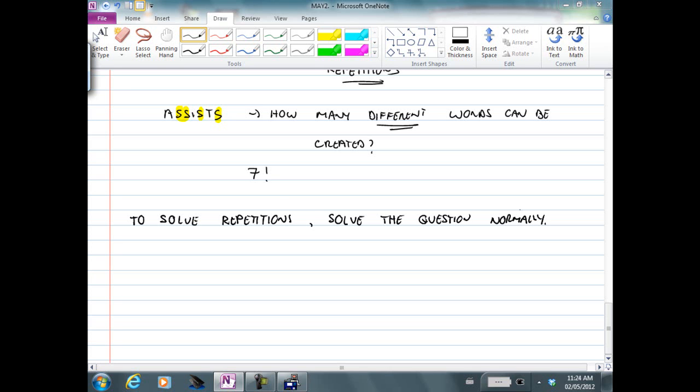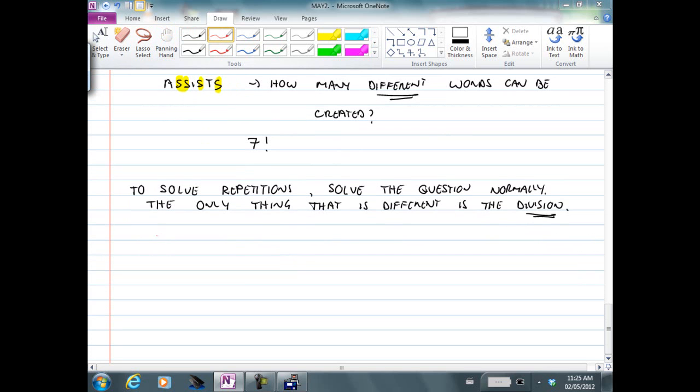There's no difference. The only thing that is different is the division step. You've got to divide because if they're the same letters, we know it's going to be less. I'm going to show you how this works.